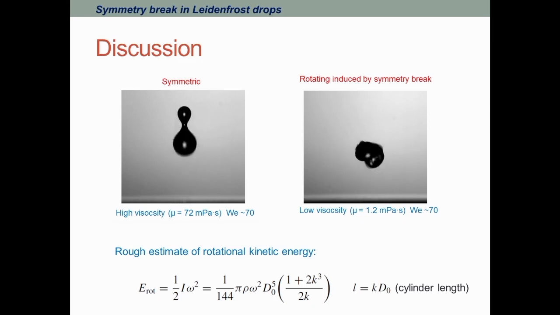Then I suppose the rotational kinetic energy will be dissipated during the drop impact, because if you have a rotating drop impacting on the surface, the substrate will provide opposing forces, which reduce the rotational kinetic energy. Yeah, I don't know. I just wondered whether it was a way of overcoming this or not.